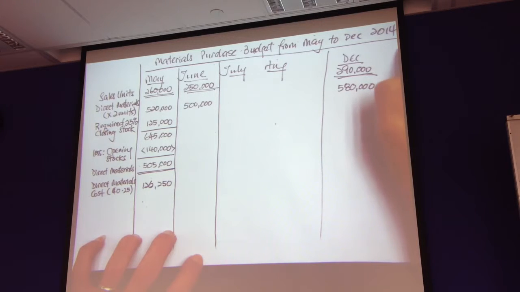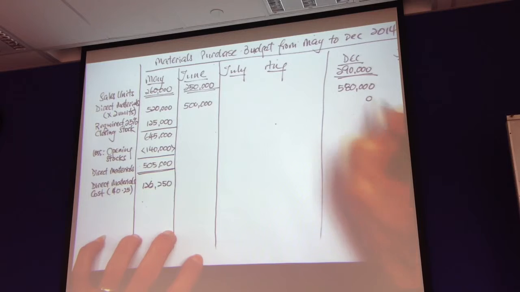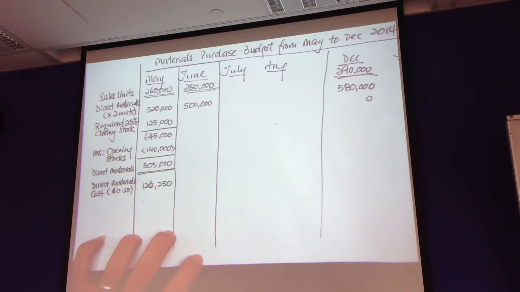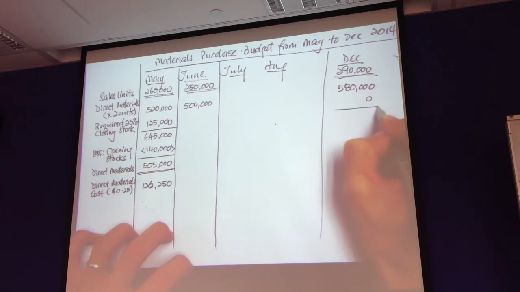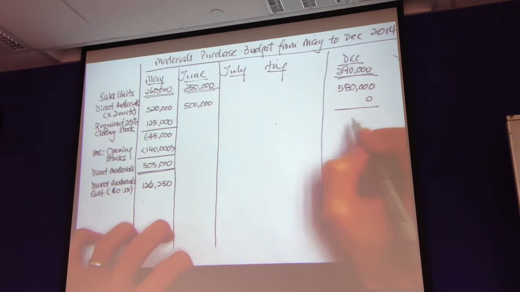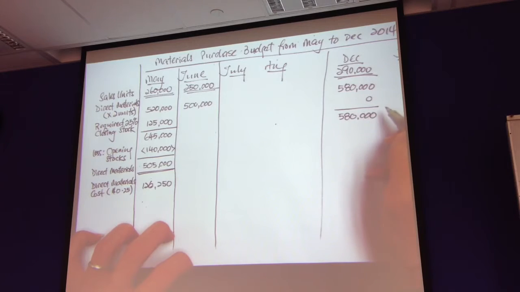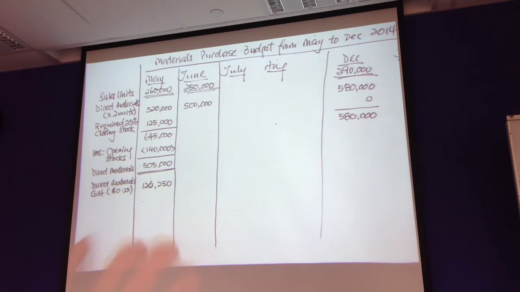Because we don't have January, leave this part as 0, because you're not given it in the question. Then you cannot be wrong because you don't have the information. So for the month of December, you have no required closing stock, and all you have would be 580. But you still have closing stocks to minus, so you must work that out.